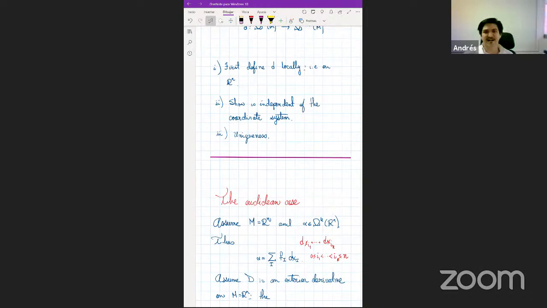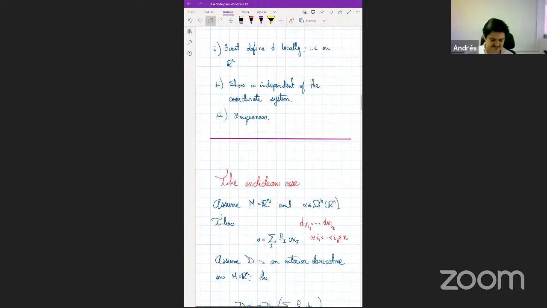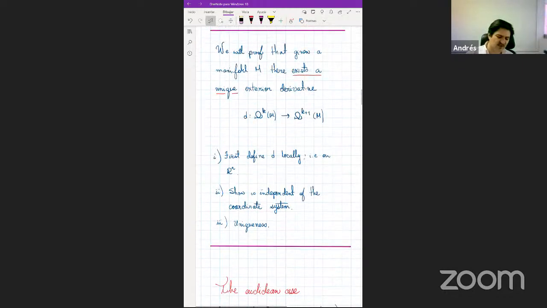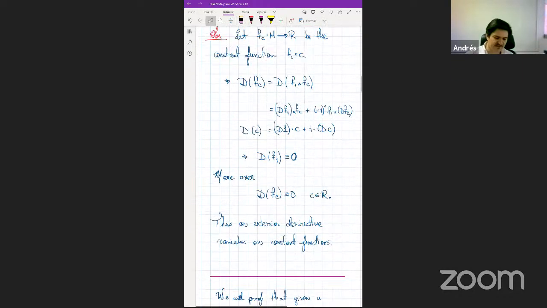Now, I'm going to assume that we have a d. So this d satisfies the four conditions that we listed here. Let me put it here again.